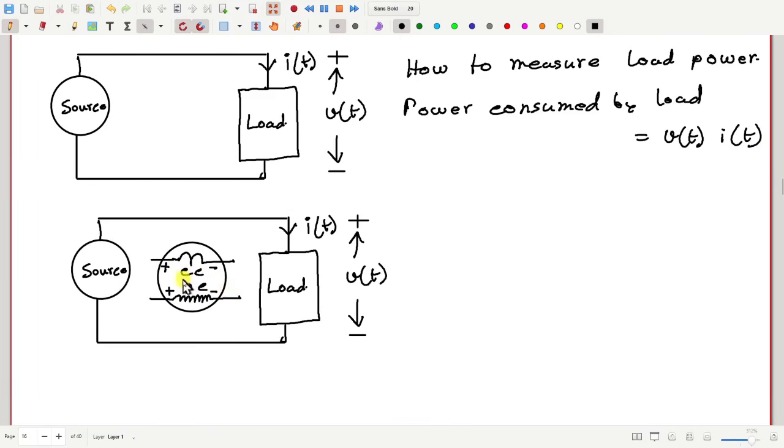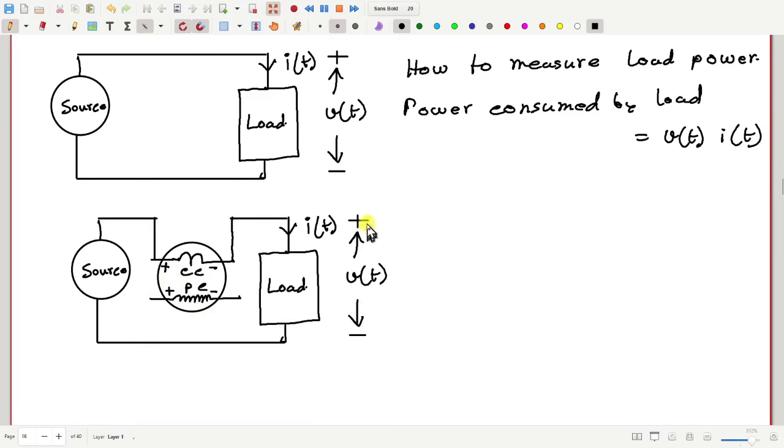The current coil should measure i(t). So for that let me break this circuit here and put it in this way. Now the current coil is measuring i(t) in which direction? From plus to minus, that means from top to bottom of the load. Now, how should I connect this pressure coil to measure this voltage?